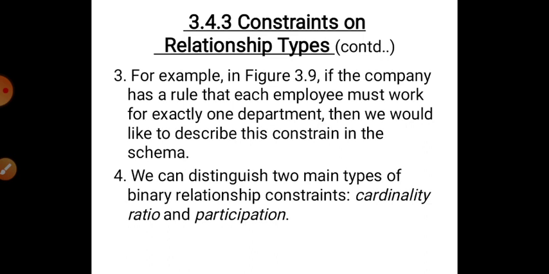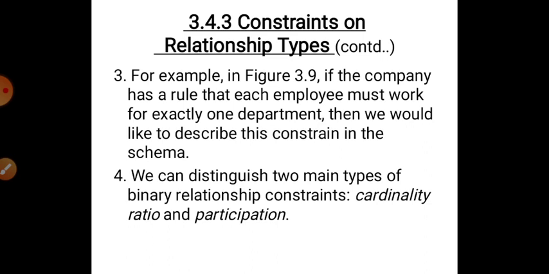For example, in figure 3.9 that we'll see in the next slide, if the company has a rule that each employee must work for exactly one department, then we would like to describe these constraints in the schema.